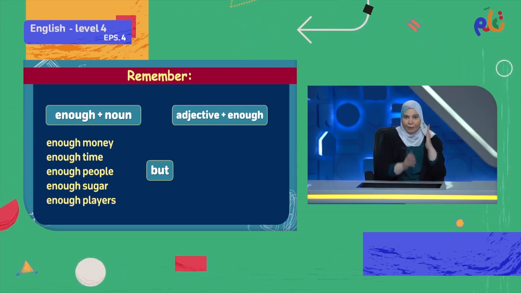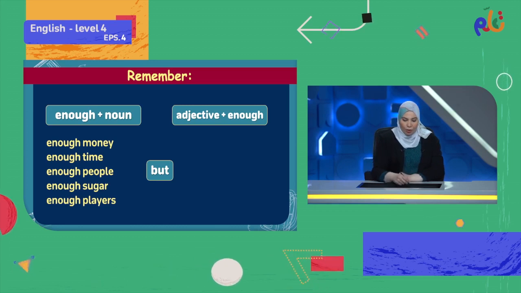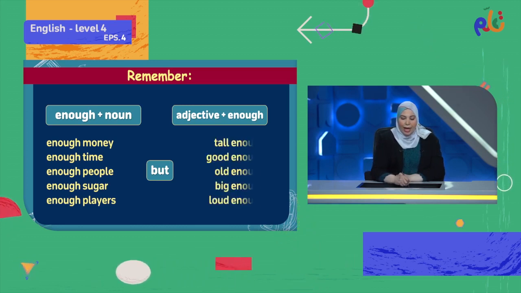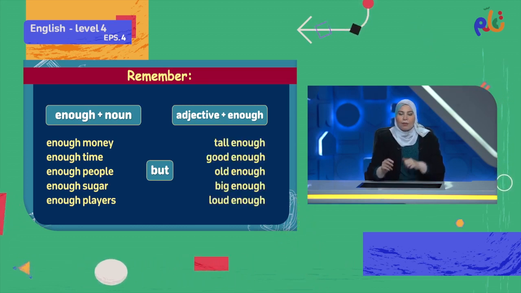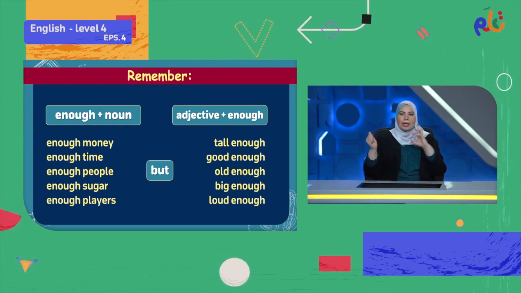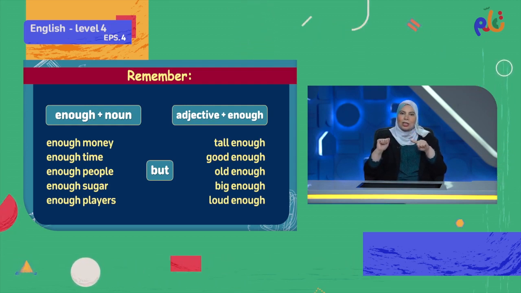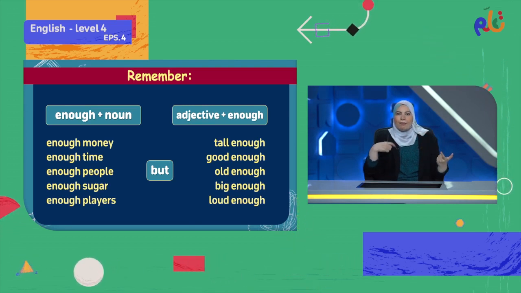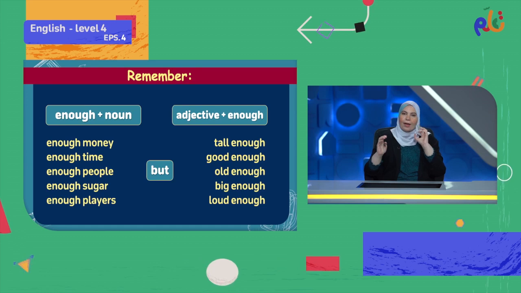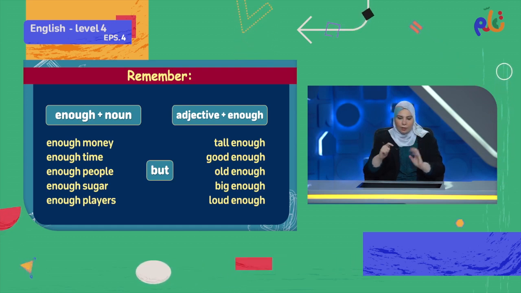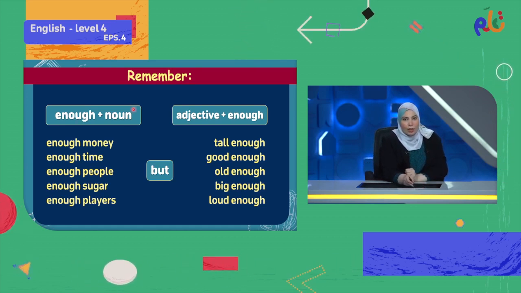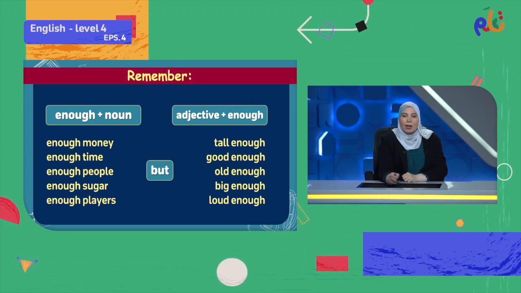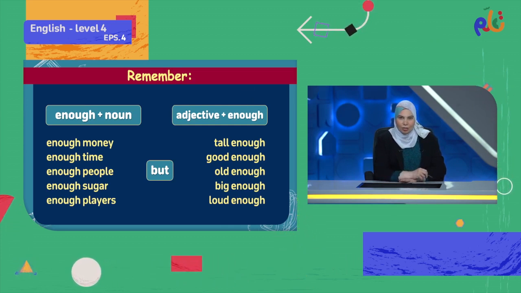So I put enough and then the noun. While we have adjective enough. The room is not big enough. The street is not spacious enough. The house is not safe enough. So safe, adjective, it comes before enough. So enough before the noun and enough after the adjective.